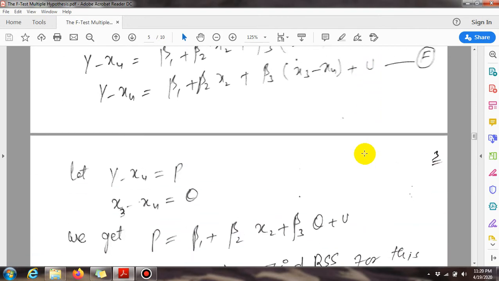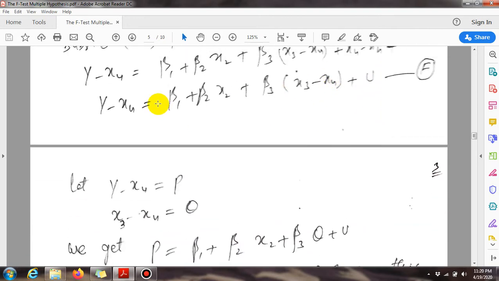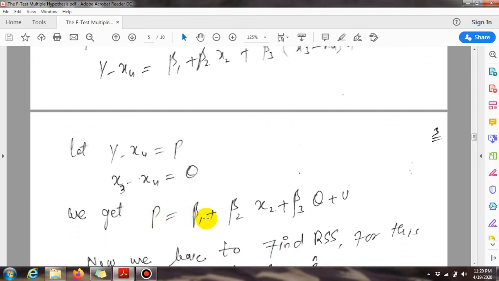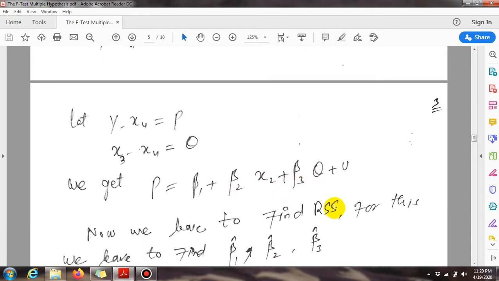We get this equation, and here we suppose that y minus x4 is equal to p, and x3 minus x4 is equal to q, and we get p is equal to beta 1 plus beta 2 x2 plus beta 3 q plus u.